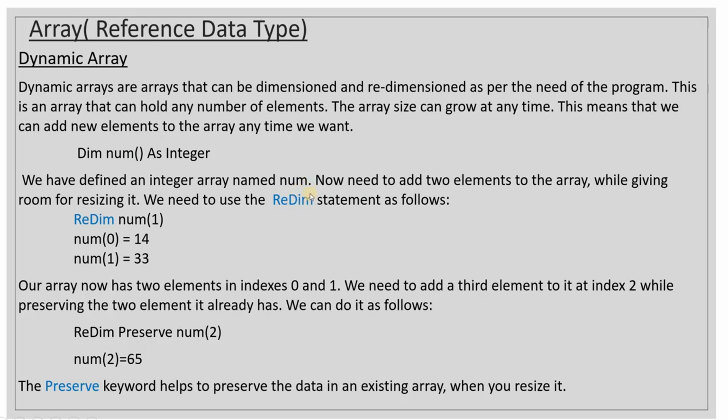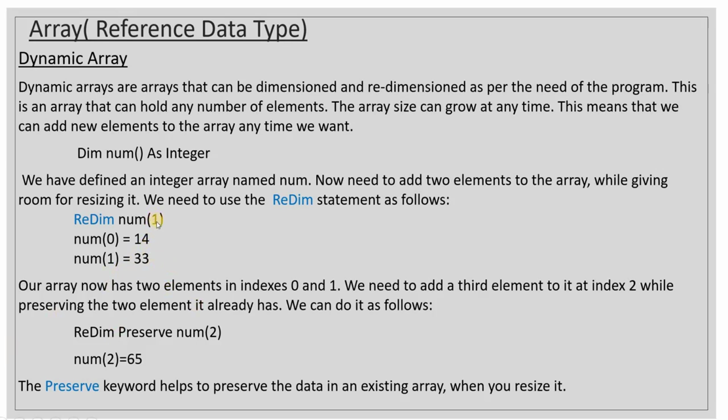Guys, see, the Dim keyword is used to create a variable, and ReDim means redimension again. Then ReDim num(1), where 1 is the dimension. It means num(0) equals 14, num(1) equals 33.